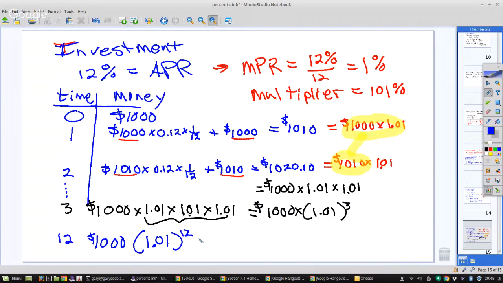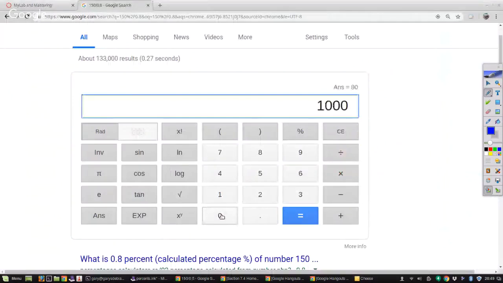What about a calculator? See what we got. So I'll check the second month, and then we'll see what the 12th month is up to. So if I take that $1,000 starting point and I multiply by 101%, a regular number, and raise that to the power of 2, then I'm going to get that $1,020.10 that I calculated the slow way earlier.